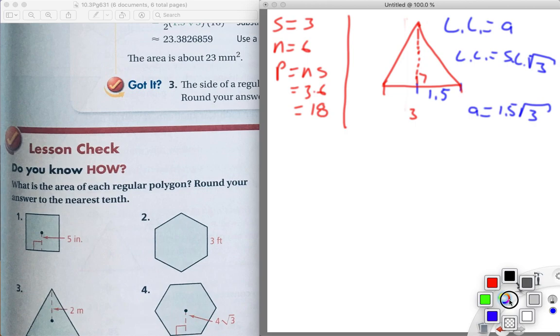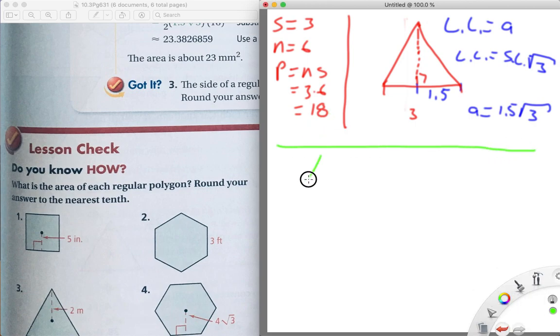Then I know that the area of a regular polygon is 1/2 the apothem times the perimeter, which is 1/2 of 1.5 times the square root of 3 times 18.